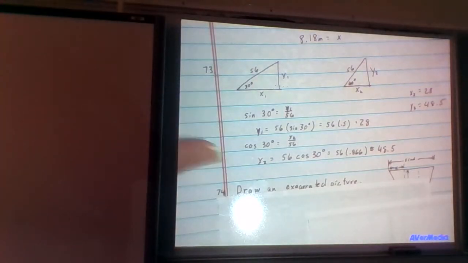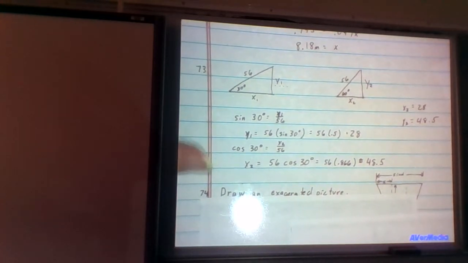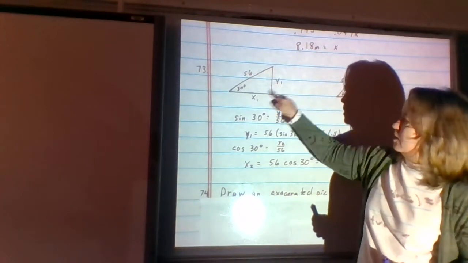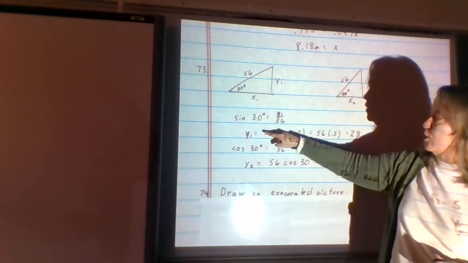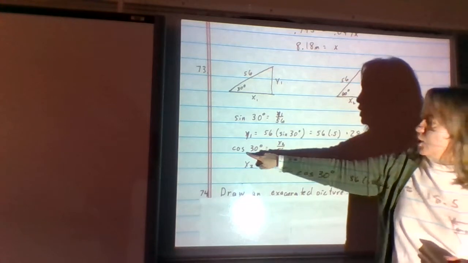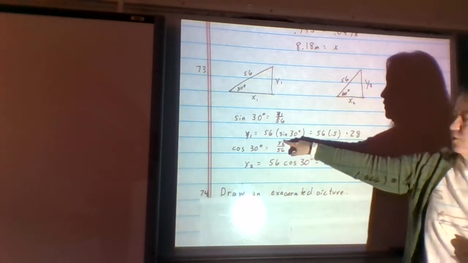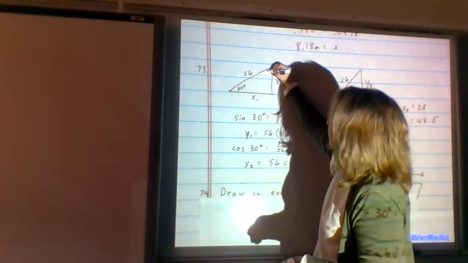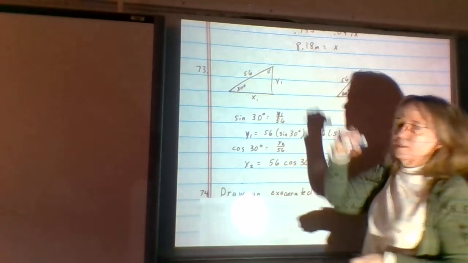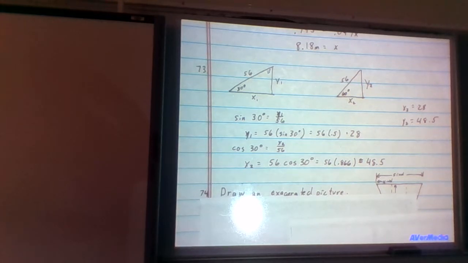I think you can see it better here. So here I figured I use sine of 30 degrees to figure the y value. I use cosine of 30 degrees to figure the x value. At the same time, this right here is 60 degrees, right? That's what it has to be.